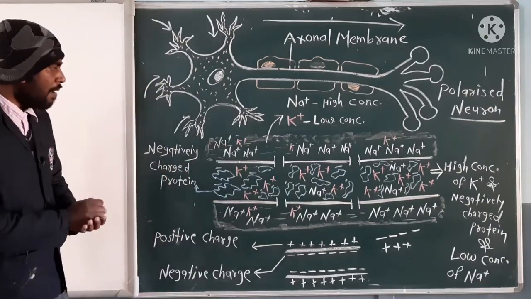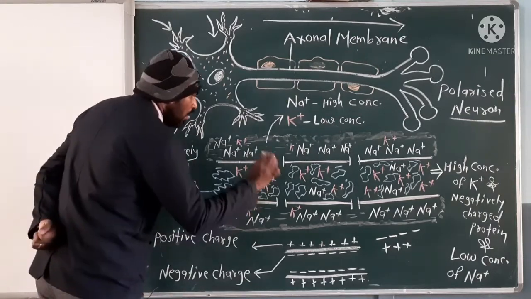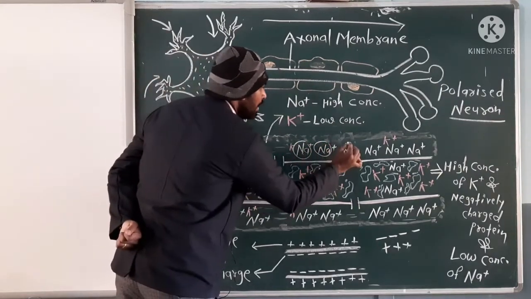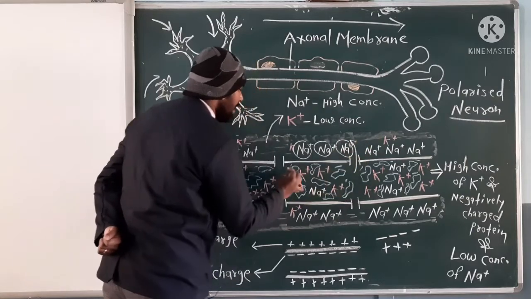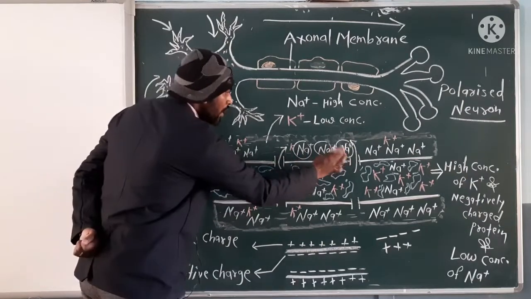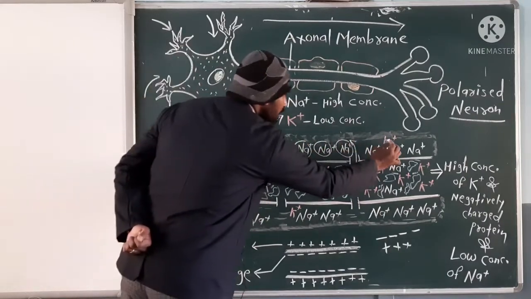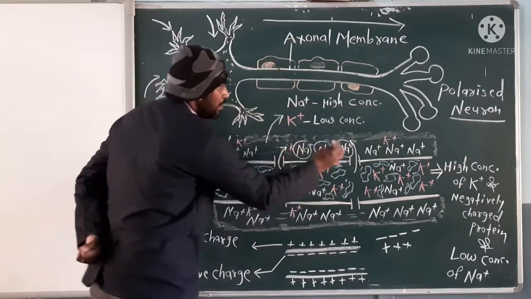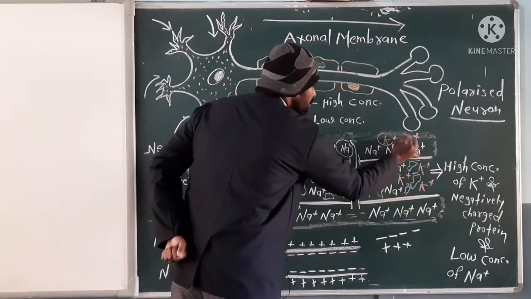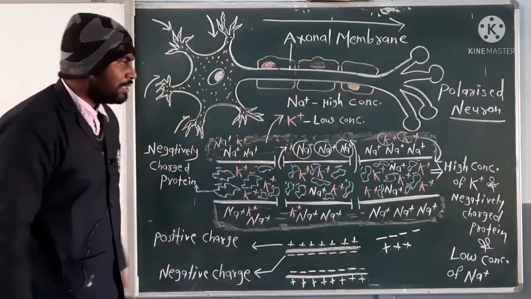The sodium potassium pump is the active transportation of sodium and potassium, in which three sodium ions are pulled from inside the axon to outside, and two potassium ions are transported inside.